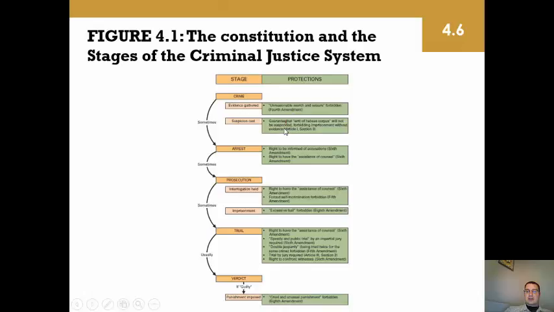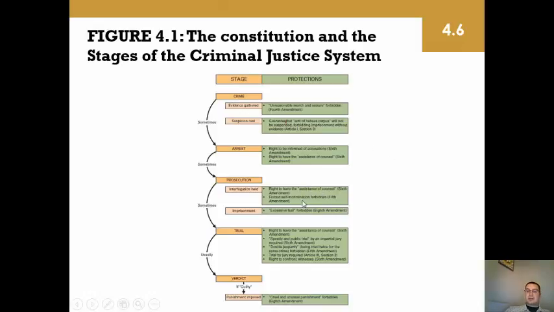If you're arrested, you're guaranteed the writ of habeas corpus, meaning you can't be imprisoned without evidence. Once you're arrested, you have the right to your Miranda warnings, the right to counsel, and the right to be informed of what you're charged with. When you're prosecuted, again, you have the right to counsel.